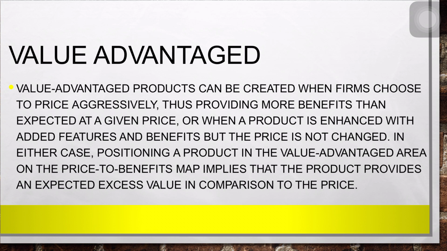In general, firms should not position their product as value advantage unless they hold a concurrent cost advantage or perceive that the action will deliver a future cost advantage in the form of an economy of scale, scope, or learning.